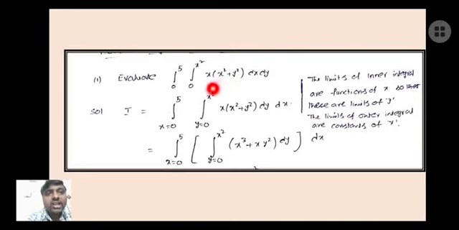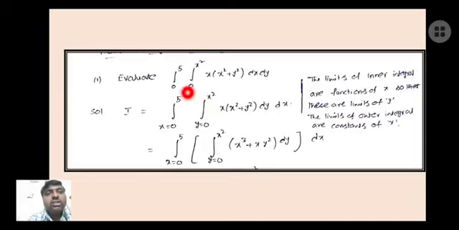Only the order depends on the limits of the integration. So based on the limits, I can redesign my integration. The outermost integration belongs to x and the internal integration belongs to y, because the limits are in terms of x.